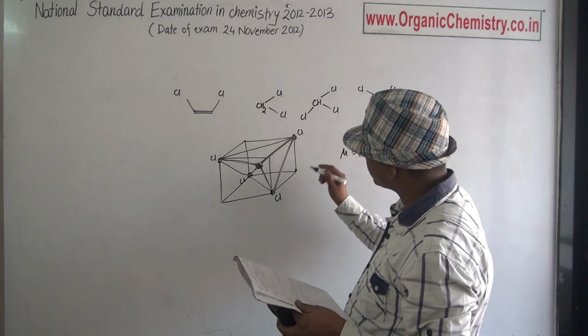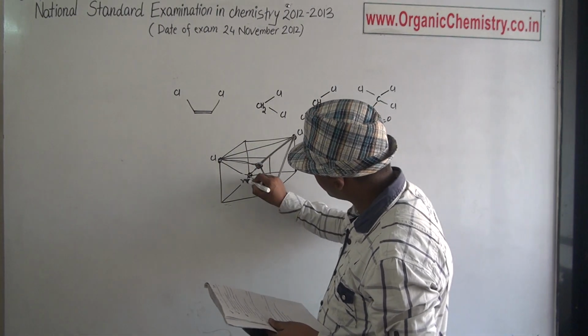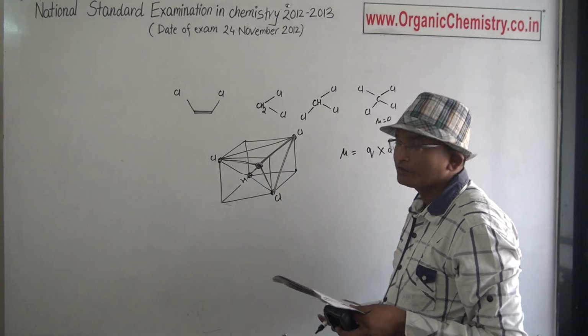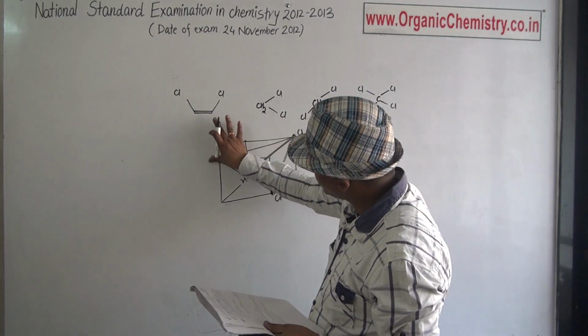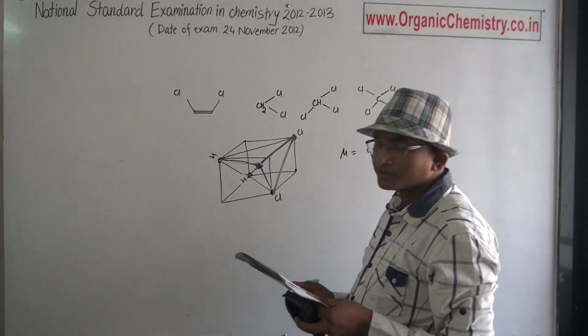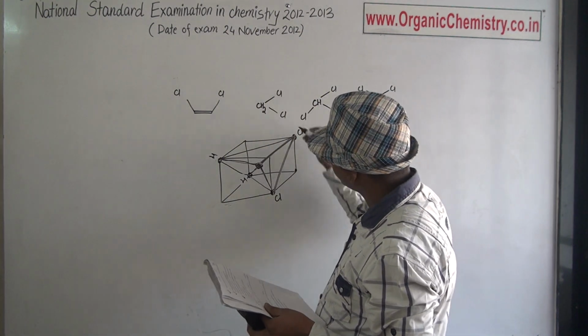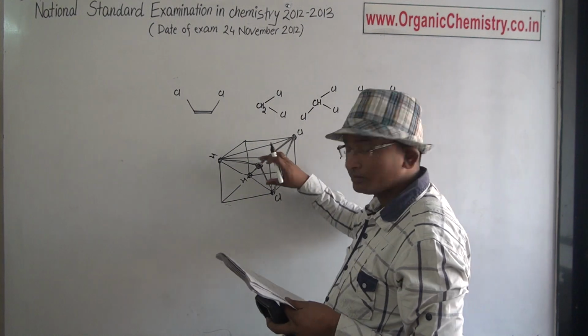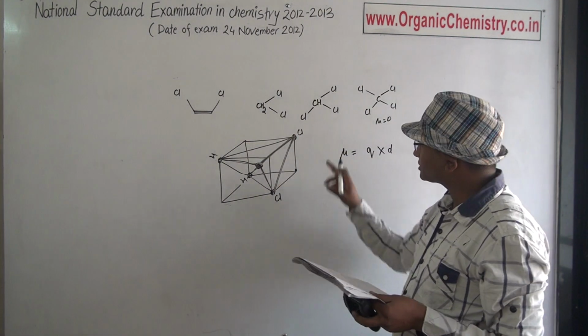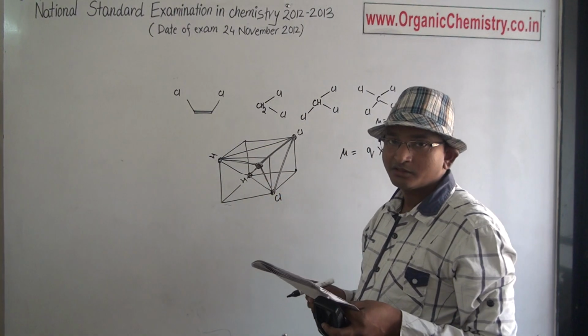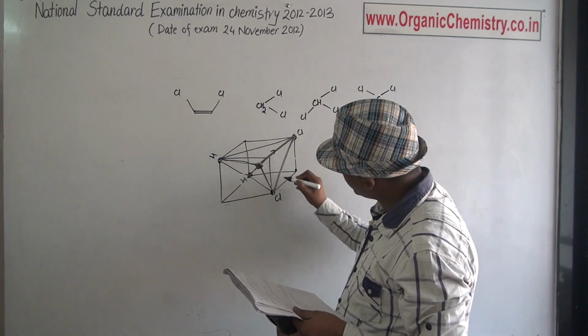In this particular case, this chlorine is also replaced with hydrogen. Here, 2 chlorines withdraw electrons, but in this case, 3 chlorines withdraw electrons.